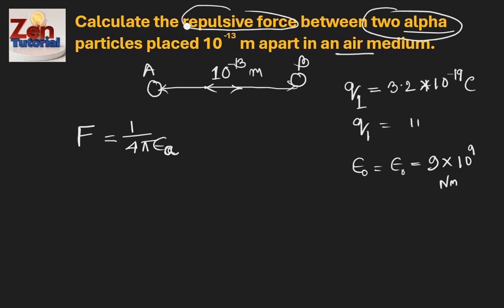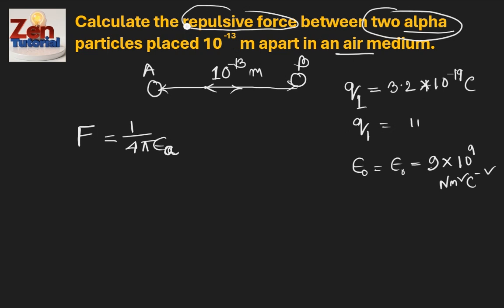The unit will be Newton meter square per Coulomb square. This is also given in this question or in your exam. Obviously, the question or teacher will give this value within the question.